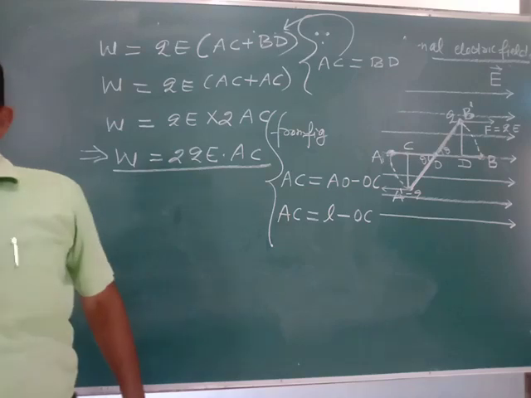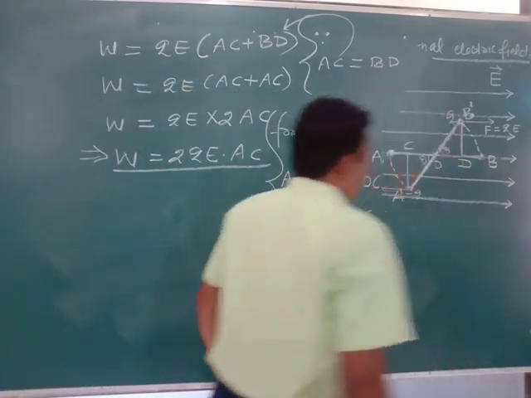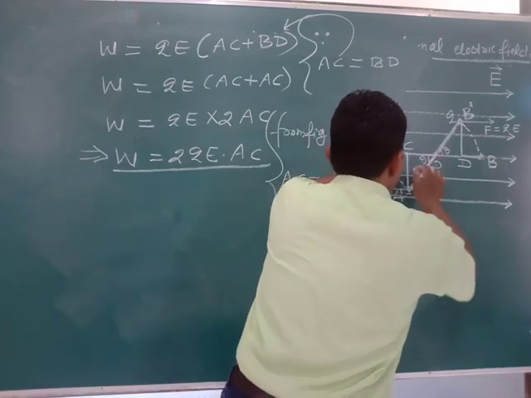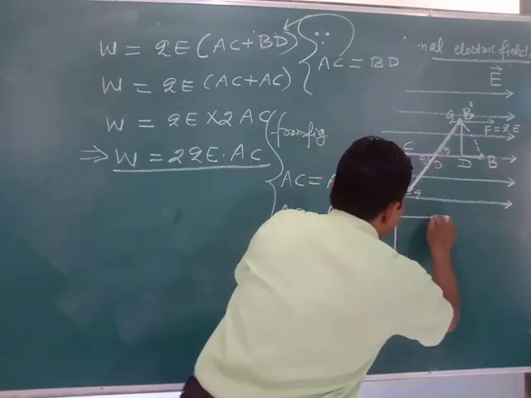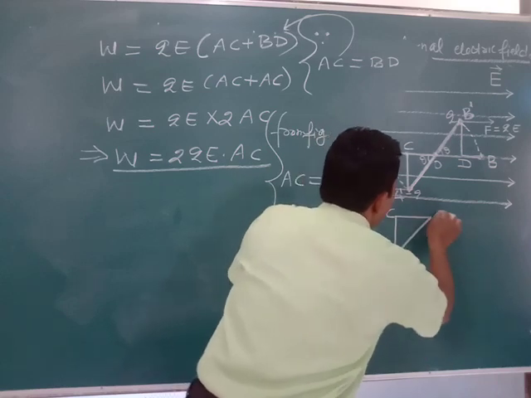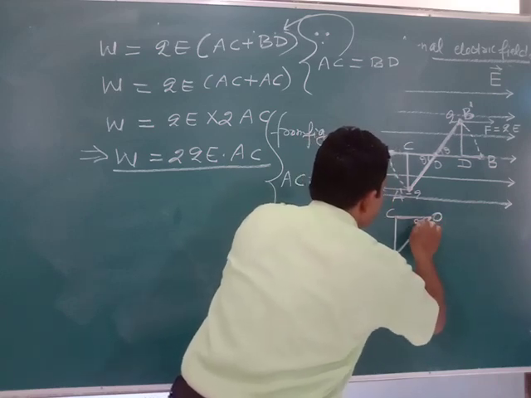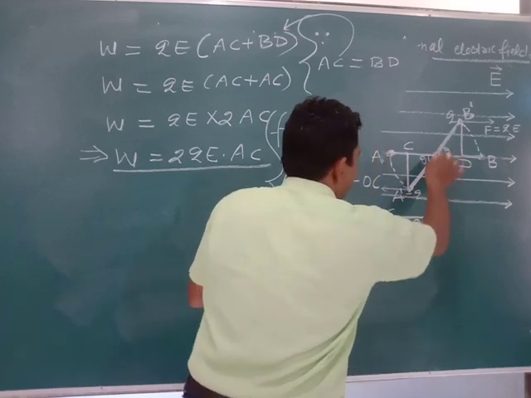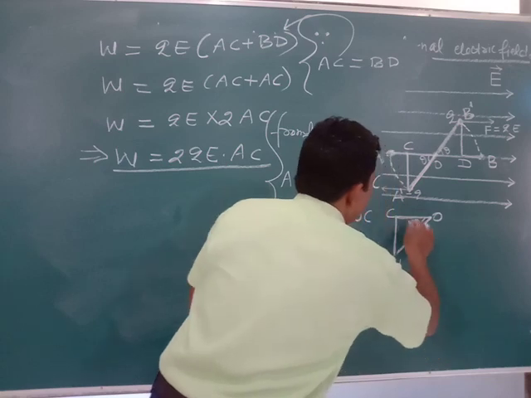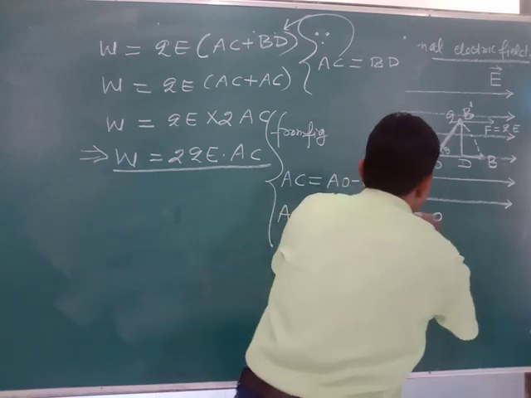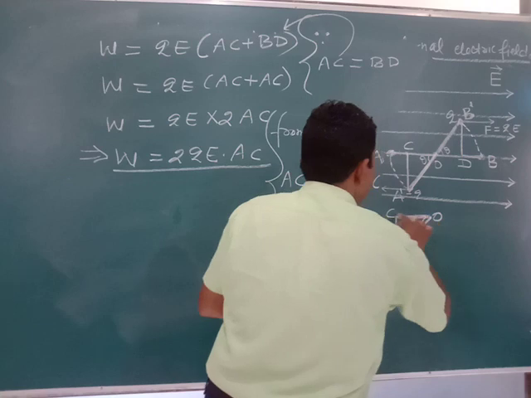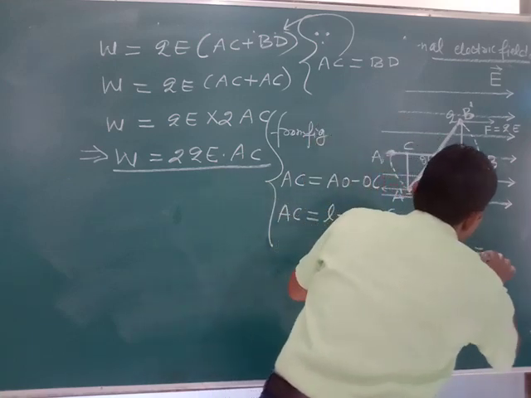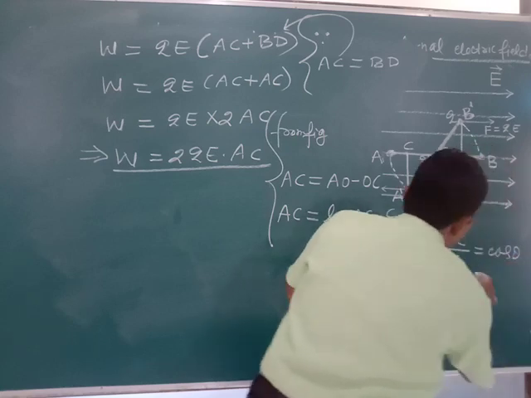For the calculation of OC, again we take from the figure this triangle OCA dash, where the hypotenuse is equal to the half length of the dipole L. OC is the base of this triangle, where OC by L is equal to cos theta.